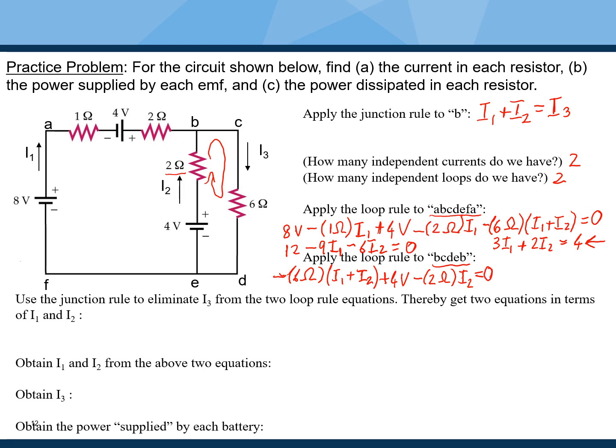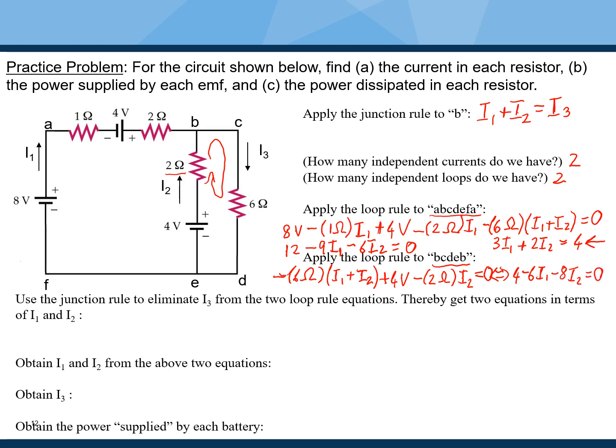That allows us to write this as another equation. This equation is completely equivalent to the equation which says that we have 4 volts, then minus 6I1, and then minus 6I2 minus 2I2, which is minus 8I2.